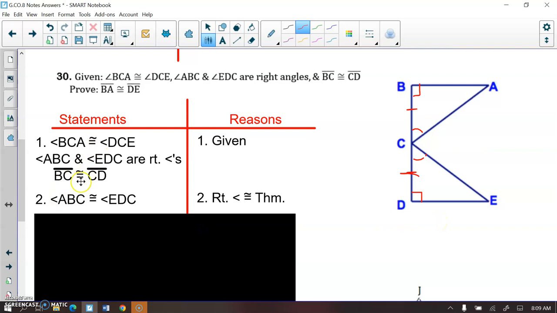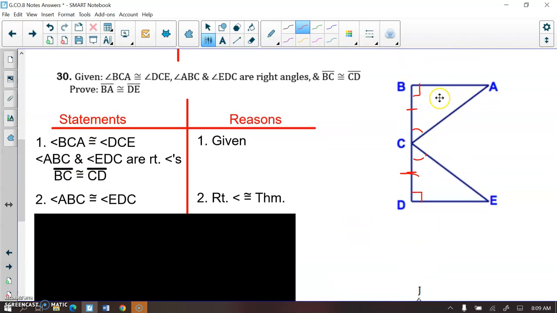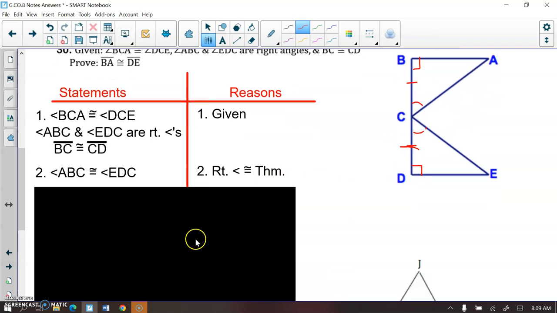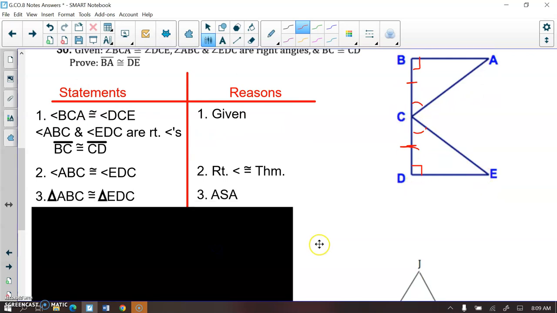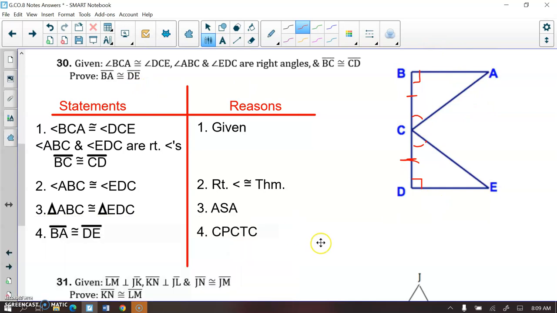Now that I have three parts of my triangle congruent to each other, I can say that these triangles are congruent. If I say triangle ABC, then I'm going to say triangle EDC. That's by ASA. And then BA and DE are congruent because corresponding parts of congruent triangles are congruent. So CPCTC.